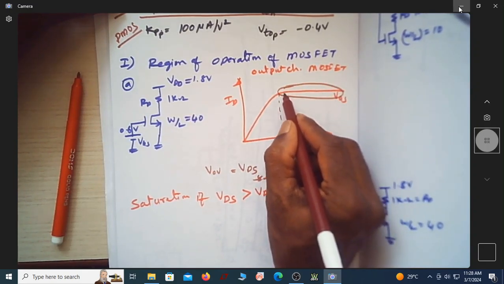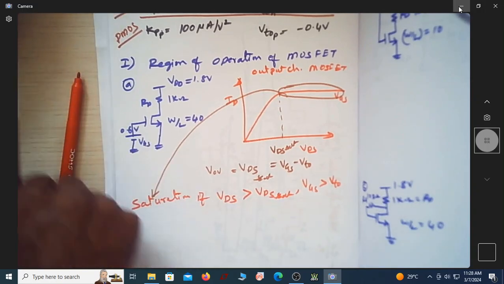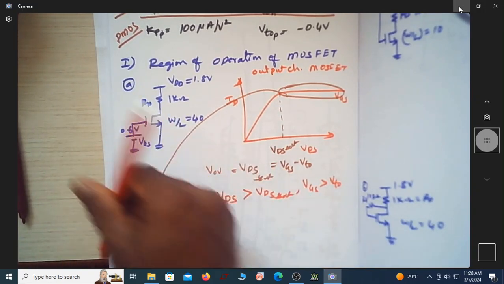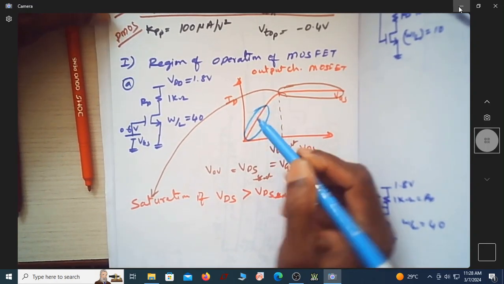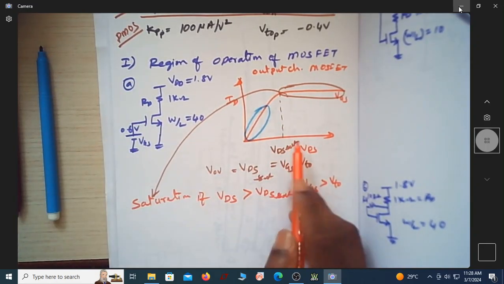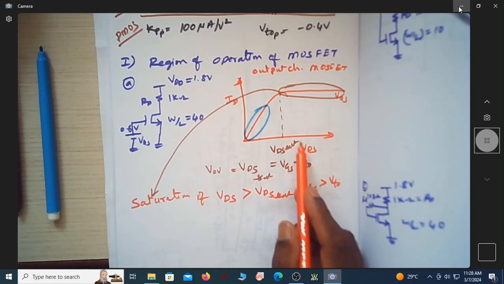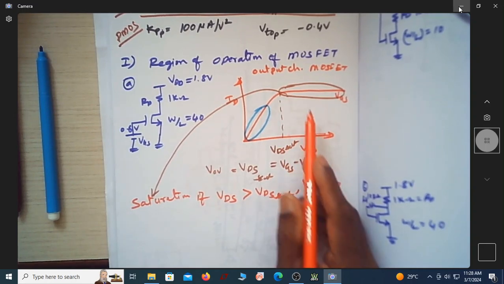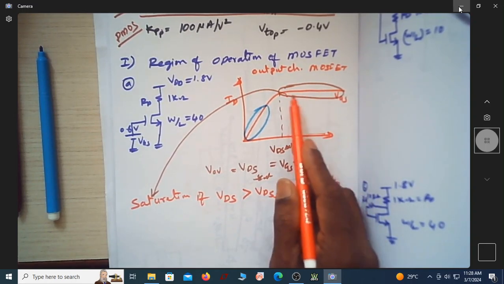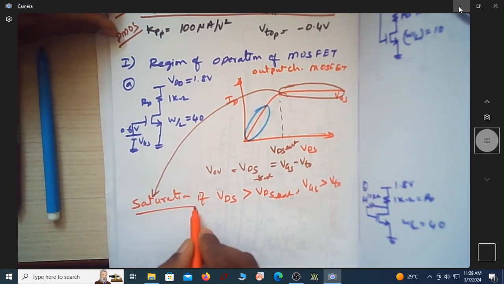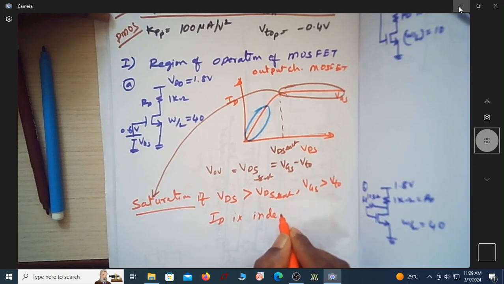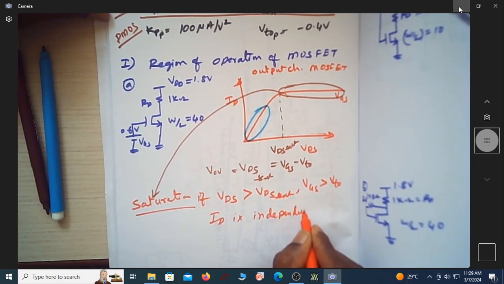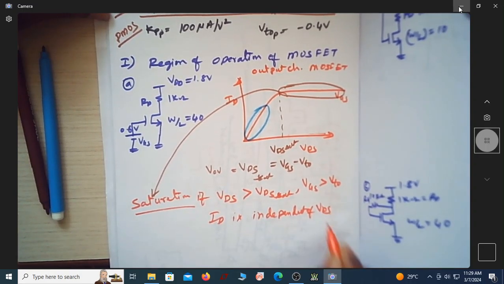In the saturation region, as the value of VDS changes, there is no change in the value of ID. So in saturation region, ID is independent of VDS.